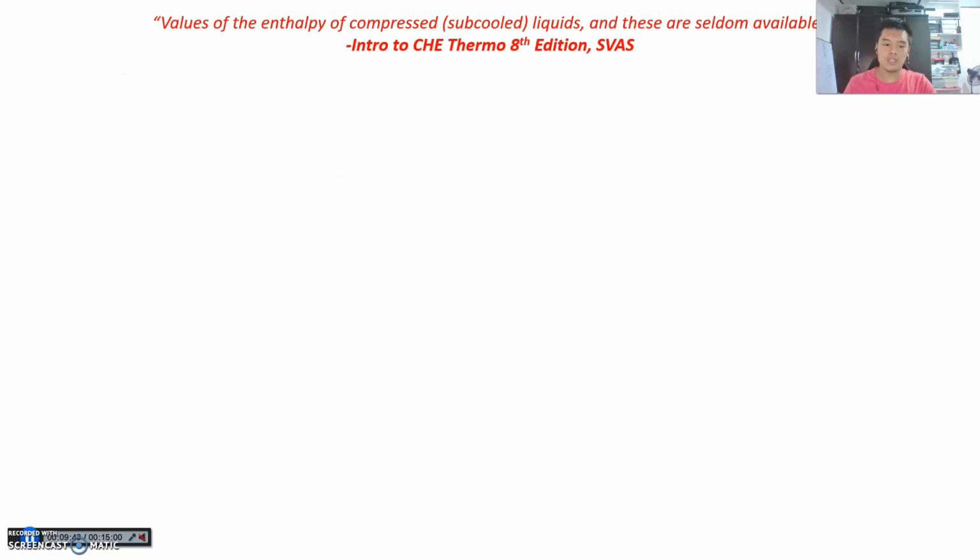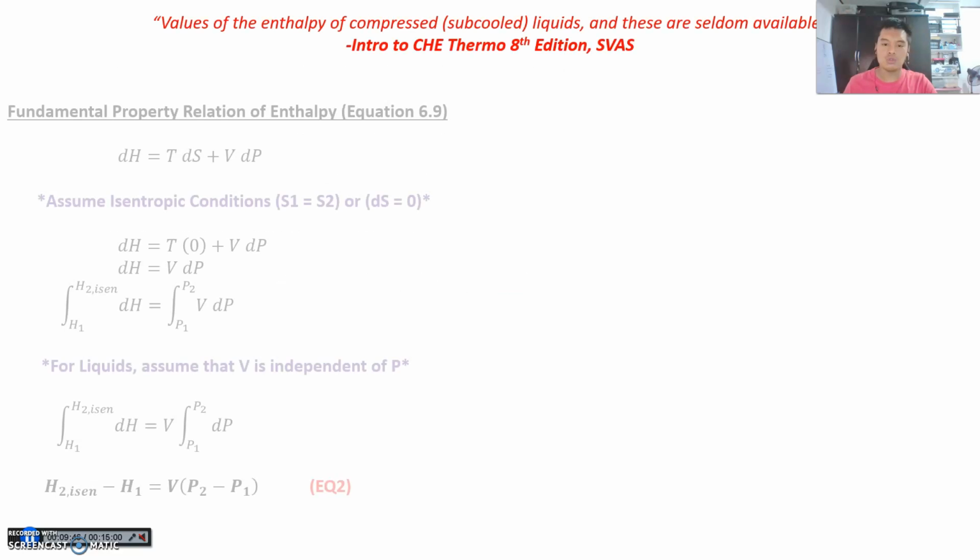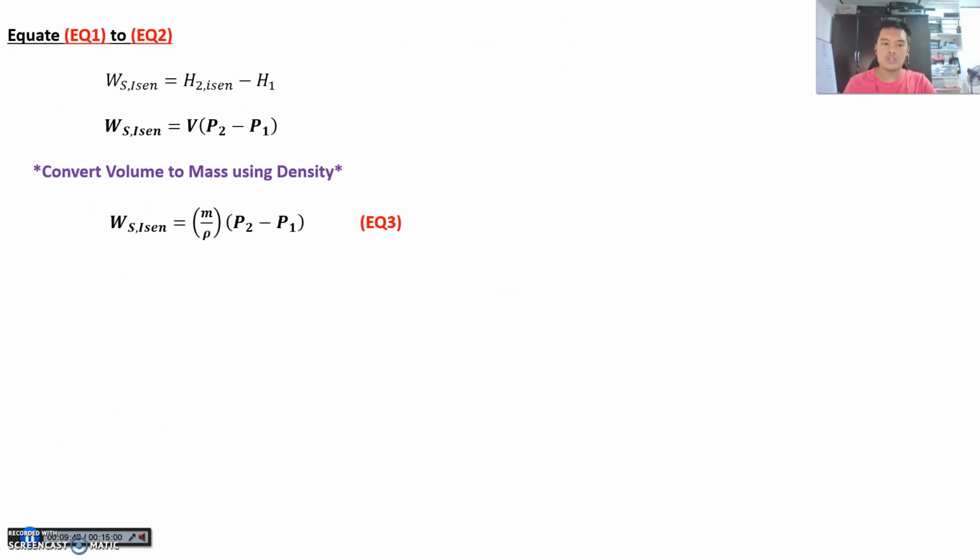Going back, equation 1 is this equation, and equation 2 is this equation. We equate those together since they have the same variable, which is H2 isentropic minus H1. This means that the shaft work for isentropic conditions can also be calculated in the form of volume times pressure difference.